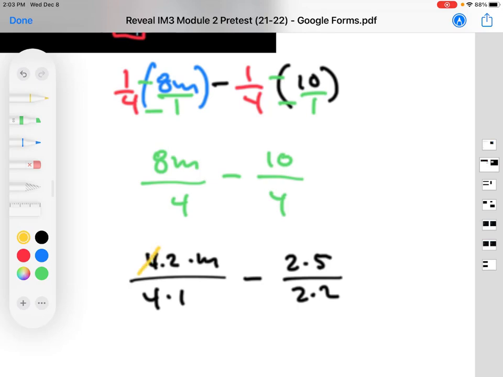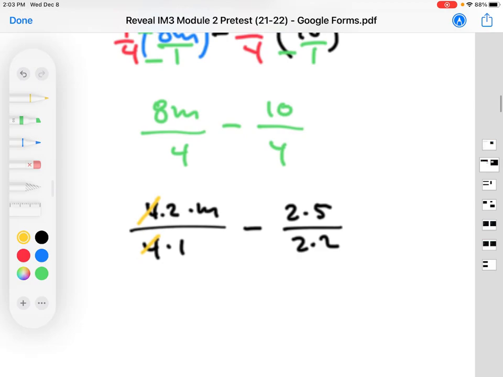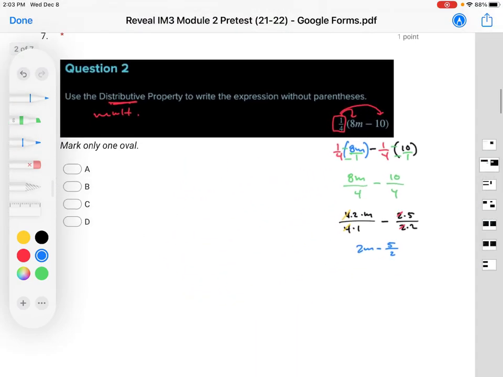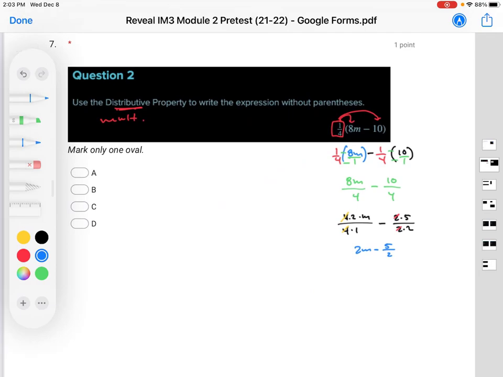So on the left side, I can cross off the 4's, because 4 divided by 4 is 1. So I'm going to get 2m. And on this side, you're going to have minus 5/2. And I need to give you multiple choice, but that's the answer.